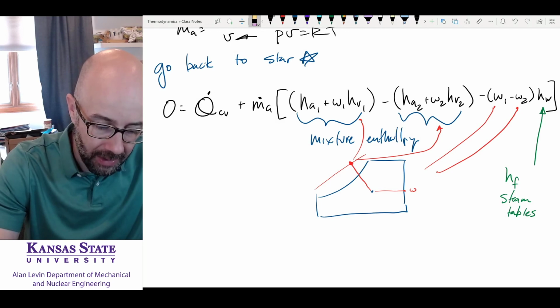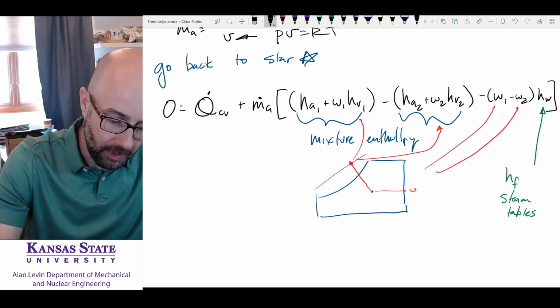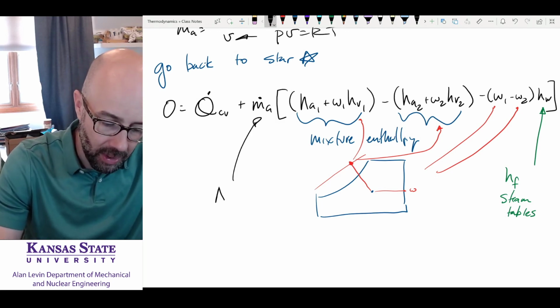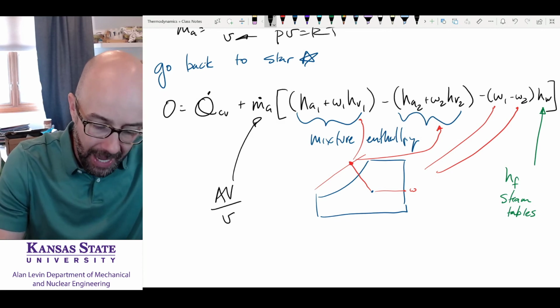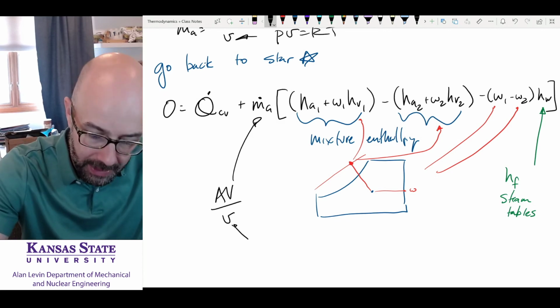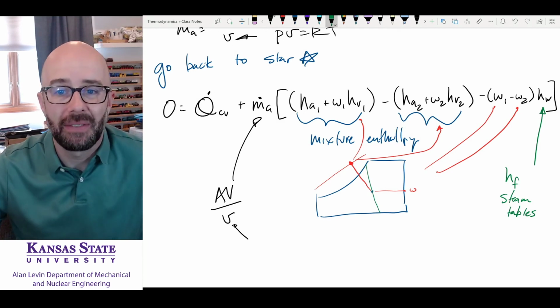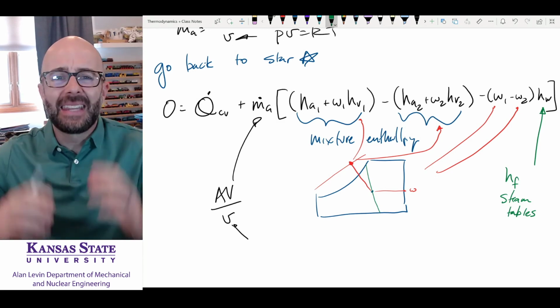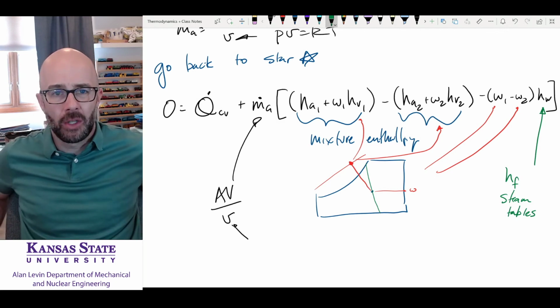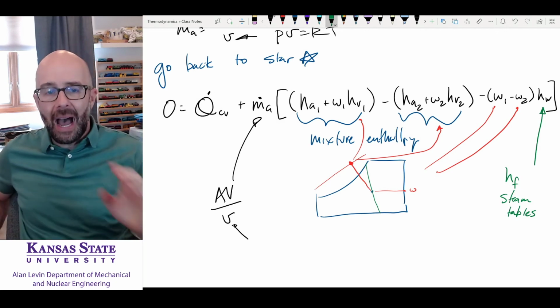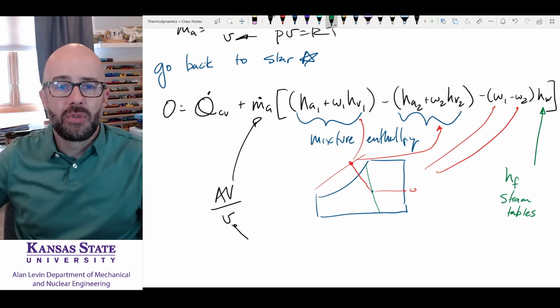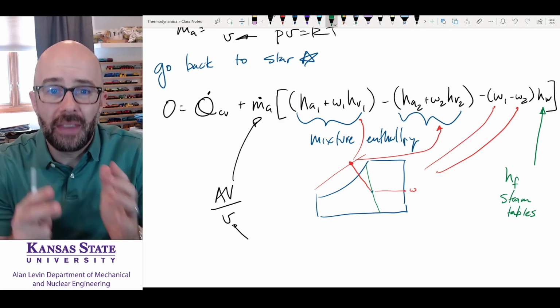The mass flow rate of air, again, is going to be equal to the volumetric flow rate over the specific volume. And where do we find specific volume? Well, the specific volume is on our chart. On a diagonal, we can read out what our specific volumes are. Okay, it literally saves us 20 minutes to do it this way. So I can tell you, go ahead, put things into the equation, look things up in the tables.